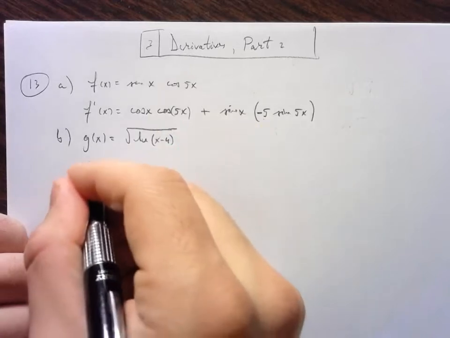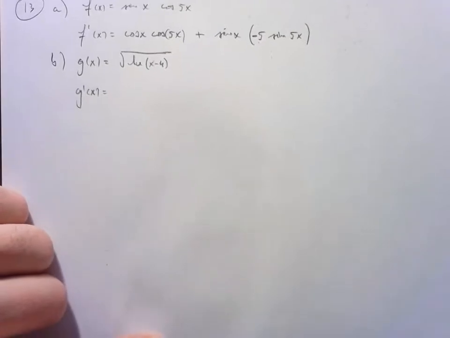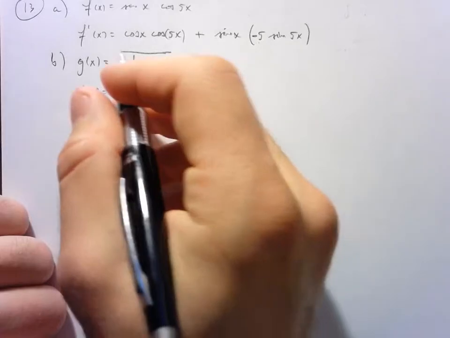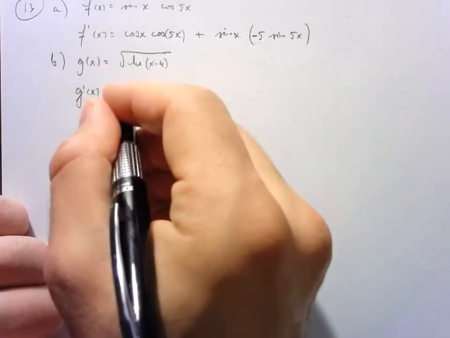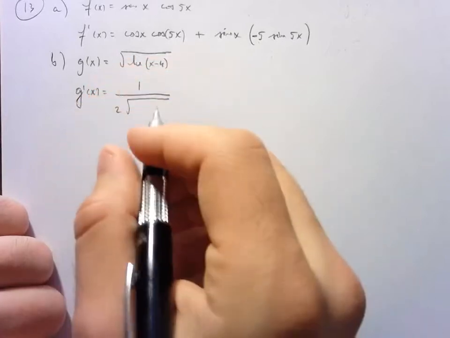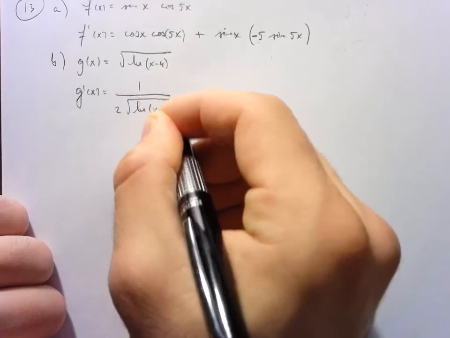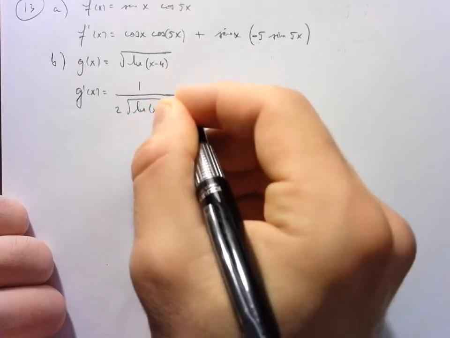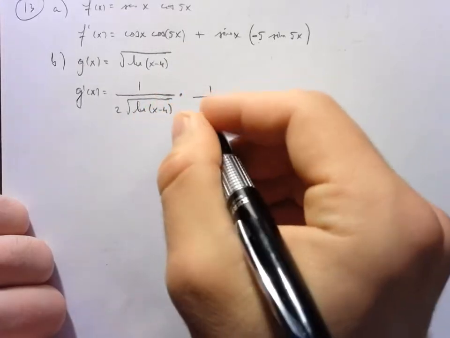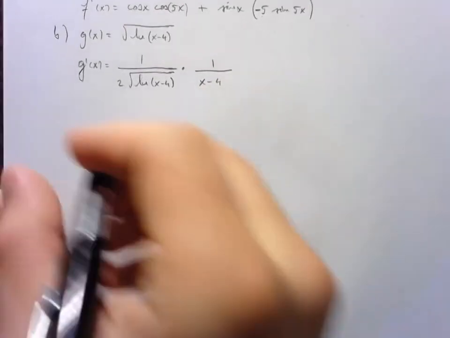So g prime is going to become, let's see, the outermost function is the square root function, so we're going to end up with 1 over twice the root of whatever's inside, so ln x minus 4, but we also have to multiply by the derivative of the inside by chain rule. So that's going to be 1 over x minus 4. So that's the derivative there.